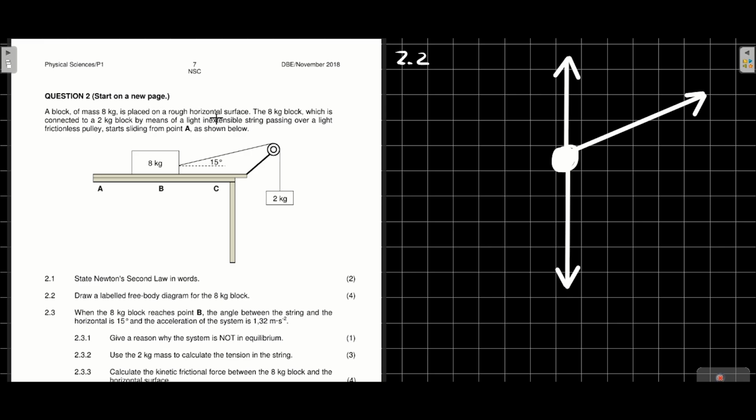They mentioned that there's a rough horizontal surface, so there's friction that is in line with the surface. So we have friction, we have our normal force, we have our tension, and we have weight.